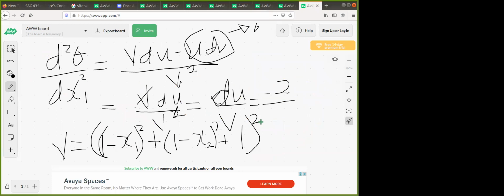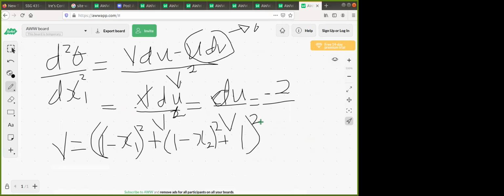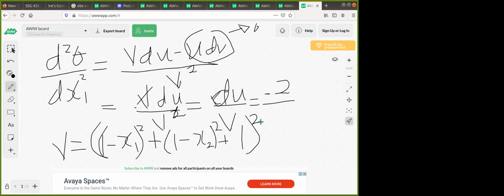So now, substituting our x1 and our x2. Remember, our x1 is 1. Our x2 is 1. If you substitute that here, you notice that this part here will go to 0, because 1 minus 1 is 0. This part here will go to 0 because 1 minus 1 is 0. We're left with only this. We're left with only 1. So this is equal to 1 squared.